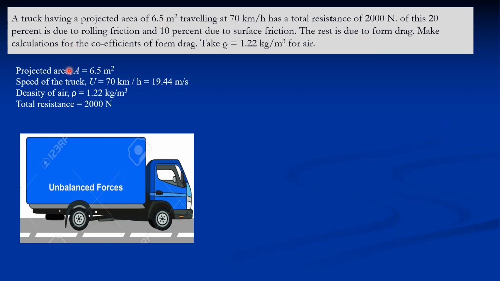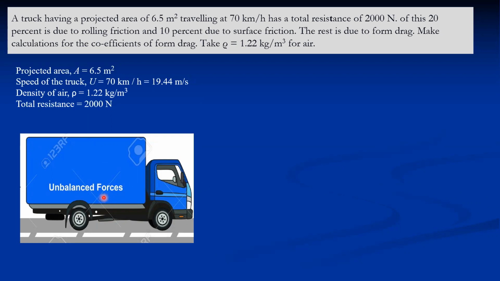So the projected area is given, that is 6.5 meters square. The truck is moving at a speed of 70 kilometer per hour, so we convert it into meter per second, that is 19.44 meter per second. Density is given and the total resistance.